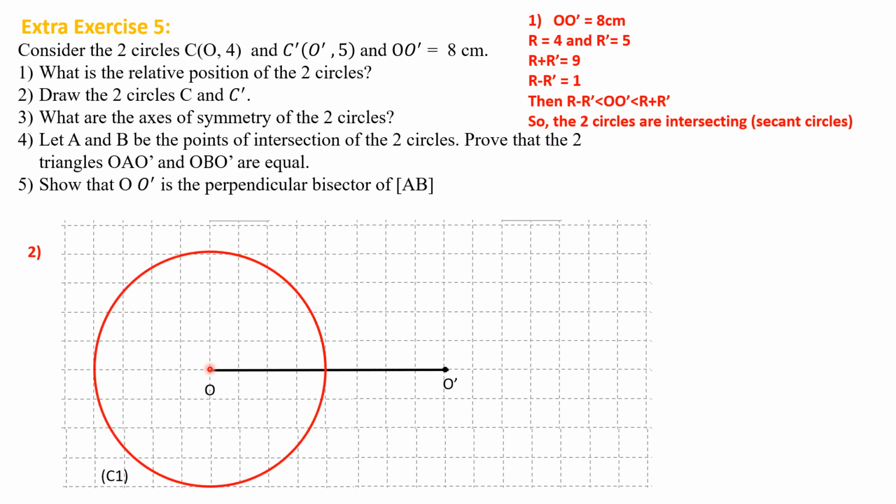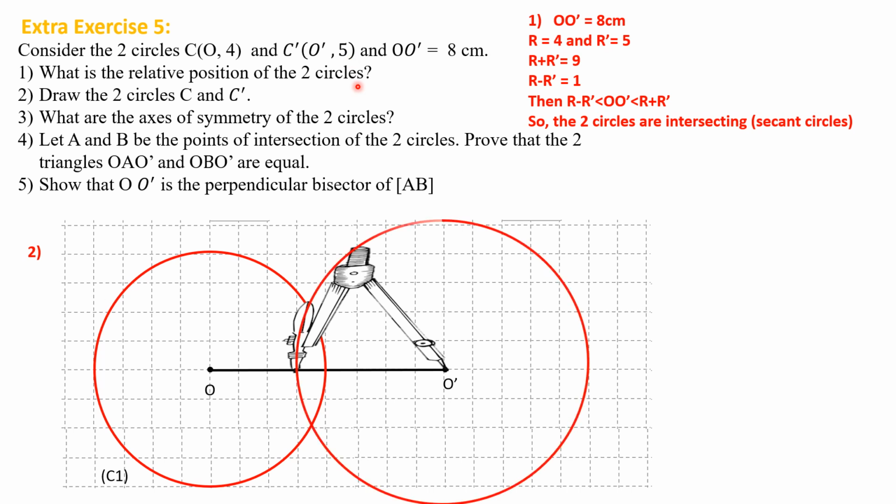This is circle C. Then you put your compass at O prime, open it 5 units and draw circle C prime. As you can see here, the two circles are intersecting.